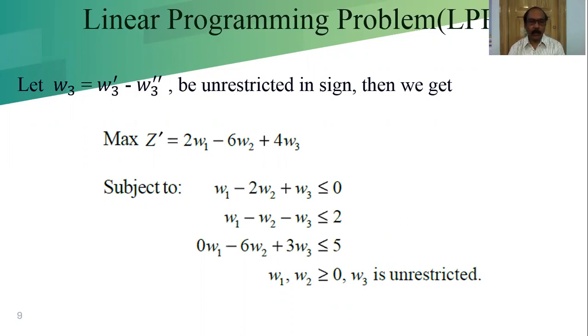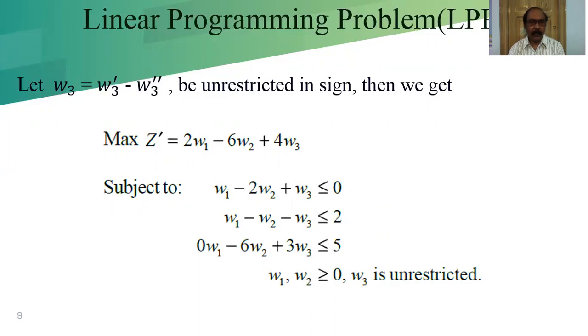W1 minus 2W2 plus W3 less than equal to 0, combining W3 dash minus W3 double dash in the third variable W3. Second constraint is W1 minus W2 minus W3 less than equal to 2. 0W1 minus 6W2 plus 3W3 less than equal to 5.